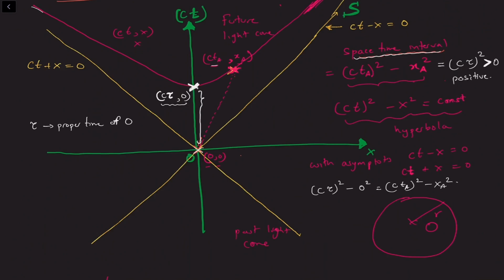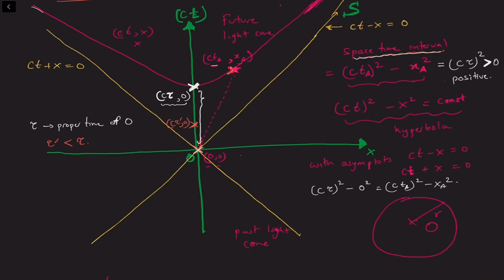Now, if we consider a second space-time point, over here, with a value of tau which is smaller than the value of tau over here, this clock is still at O's location, but has a value tau prime which is less than tau.